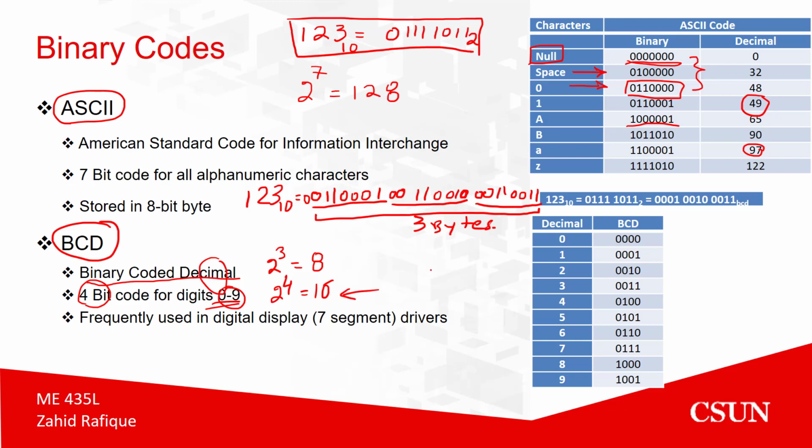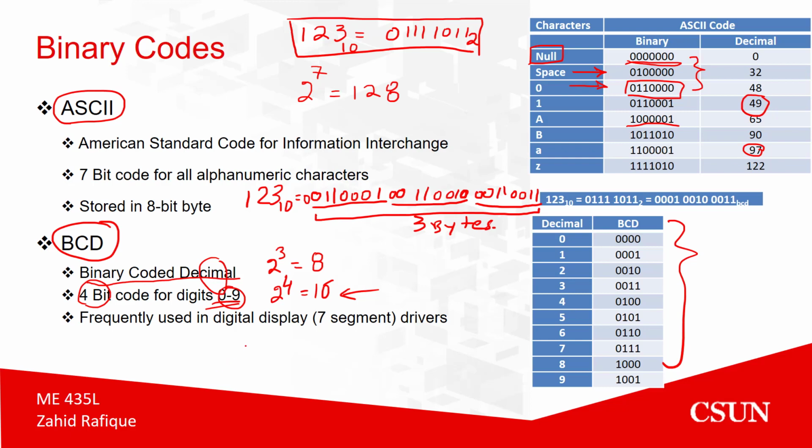I have reproduced the BCD table over here. 0 is represented with 0000, 1 is represented with 0001, and 9 is represented with 1001. Note, all of these are natural binary values for each of these digits. So how does BCD differ?